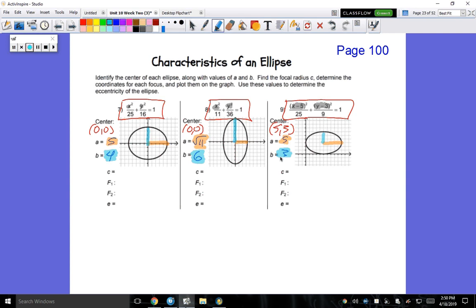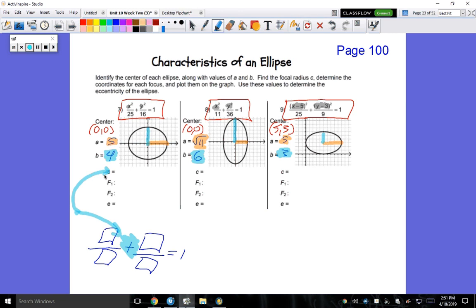Okay? Alright, so big thing with the ellipses, they are actually adding. I usually teach this so that students are memorizing this, but I actually kind of want you to half memorize what to do. A good way to remember is because ellipses are adding, when we are looking for their C, we're going to be subtracting.